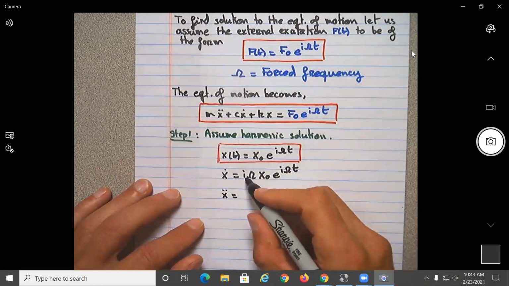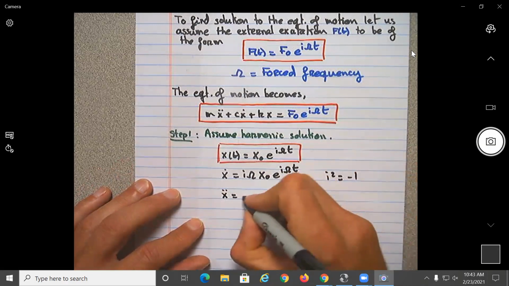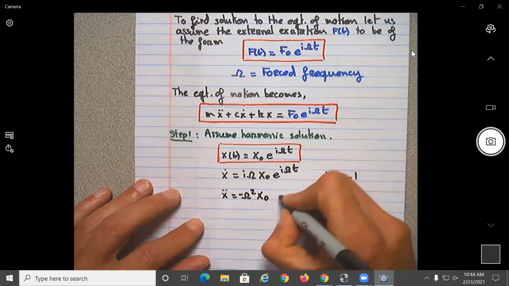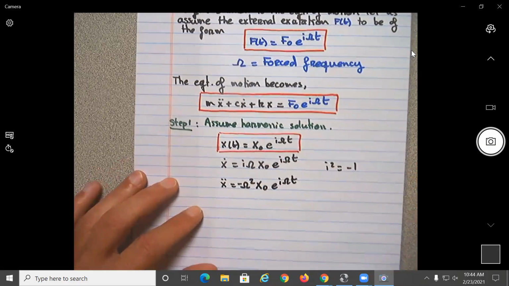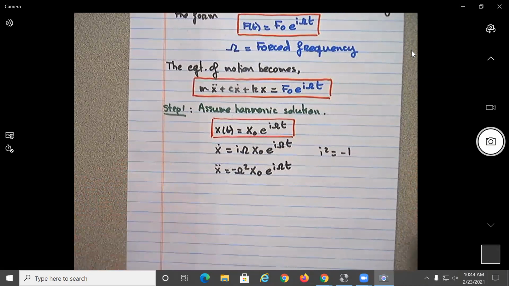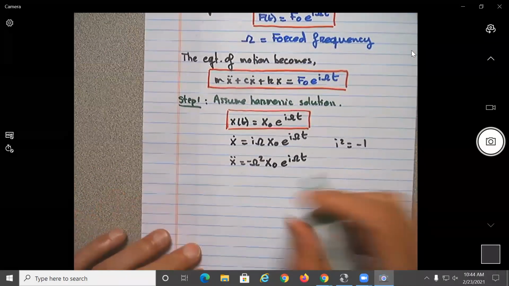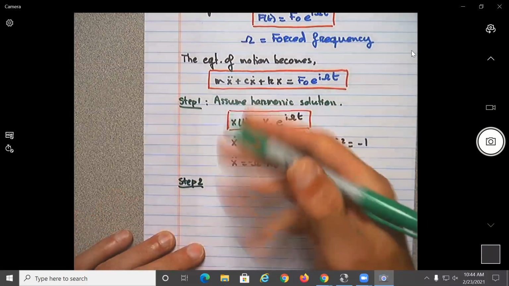I squared will be equal to -1. So we have minus omega squared x sub naught e to the I omega t. Okay, guys, it's important that you know the procedure.